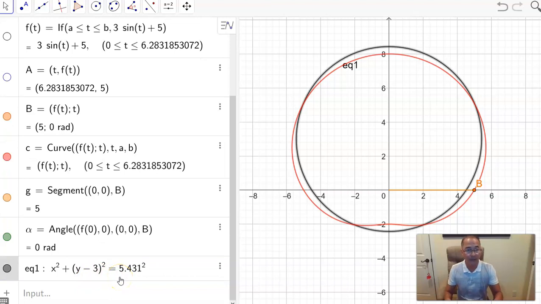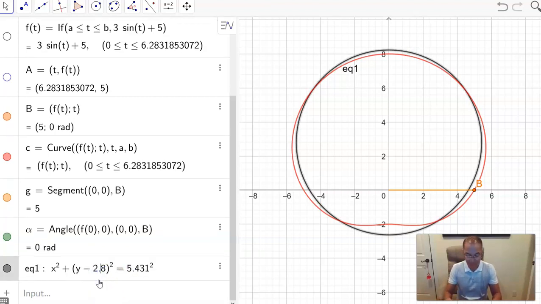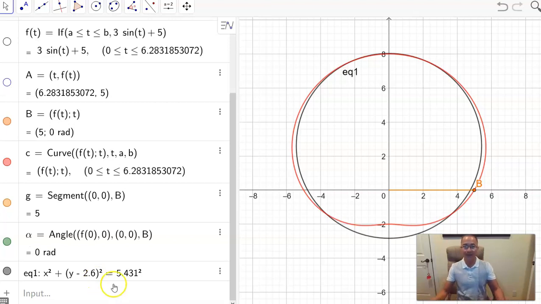Would that convince you a little better? So instead of 3, let's try 2.8. Ooh, okay, I think it looks better. Let's try 2.6. Oh, I like that. So now our circle is over here, and there is still some part of the limaçon sticking out, but there is some part of the circle which is sticking out here.